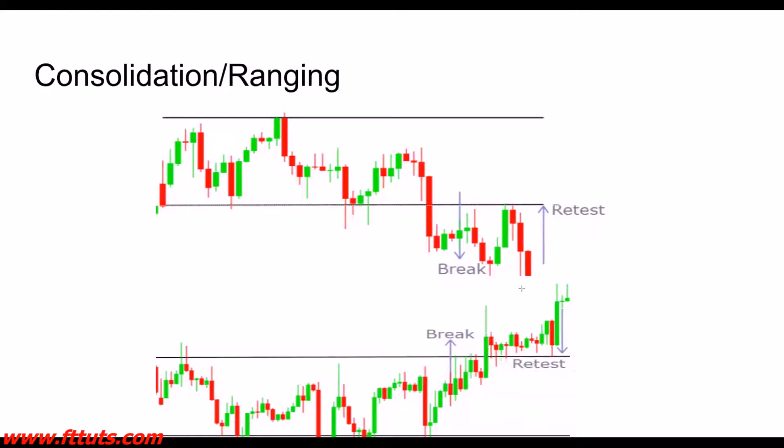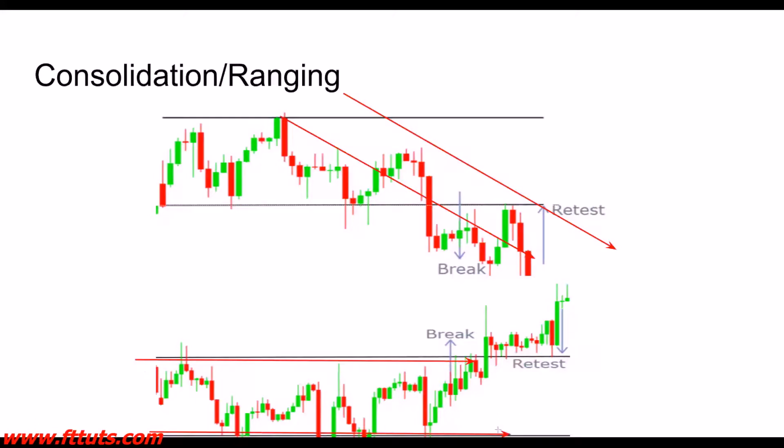If you guys think logically, if you brought a 10-year-old child to the charts and said, look at this market here, what is the market doing? They're going to say to you, down. If you say to them, look at this market here in this box, what is it doing?